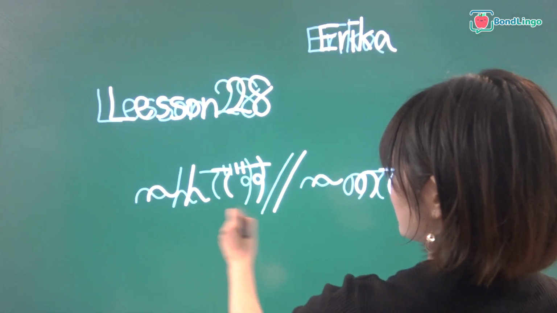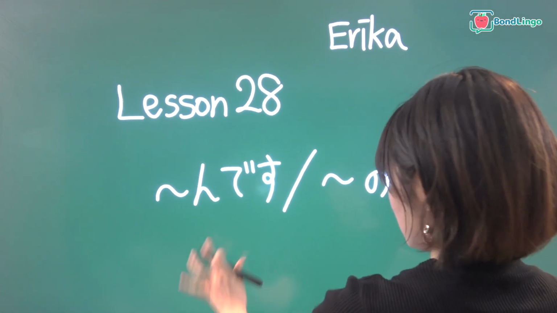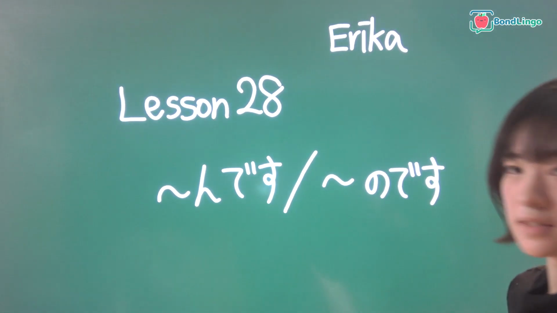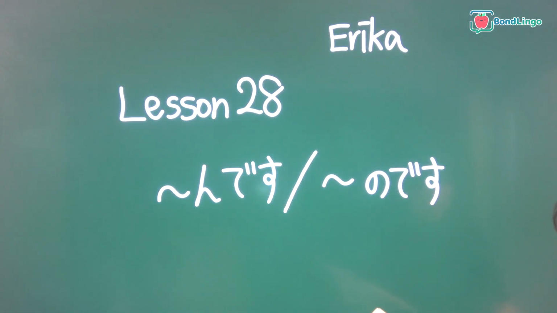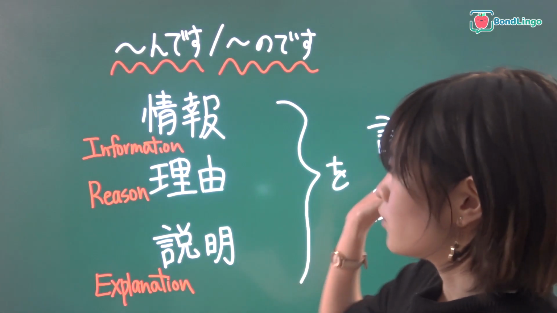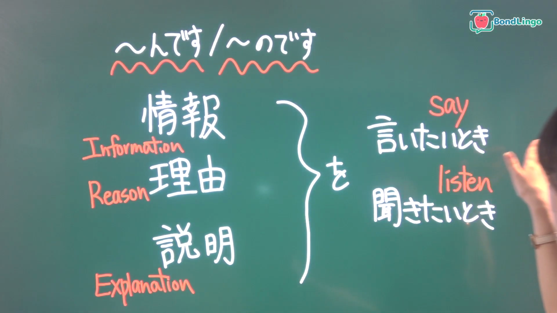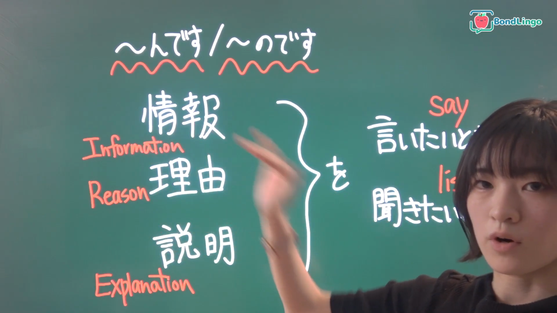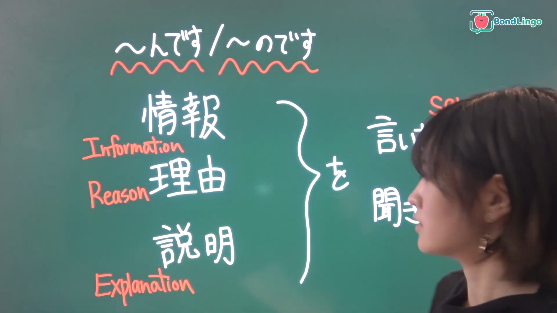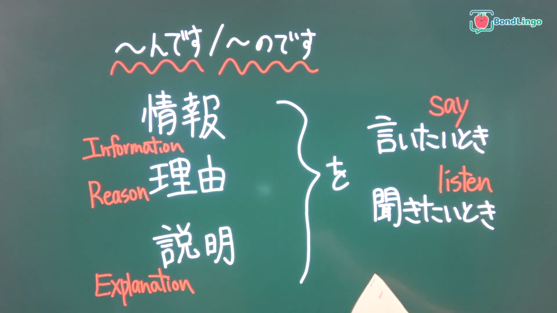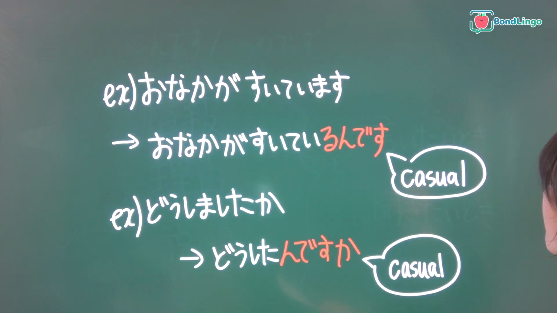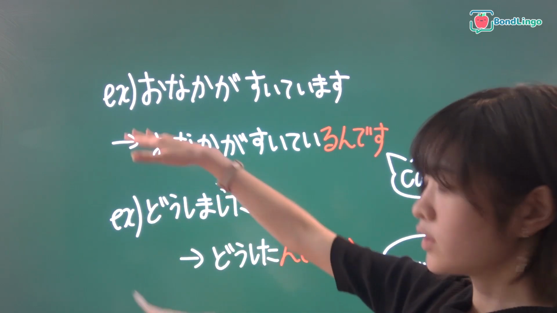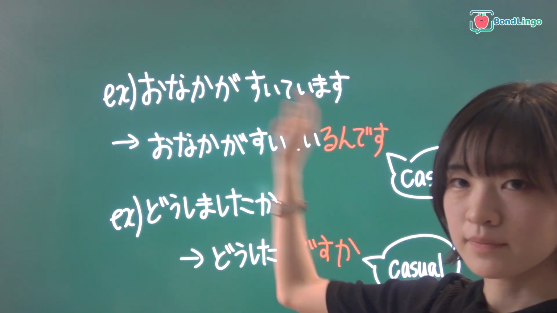何々んです and 何々のです. We use these when we want to say or listen to information, a reason, or an explanation of something. So, for example, お腹が空いています.